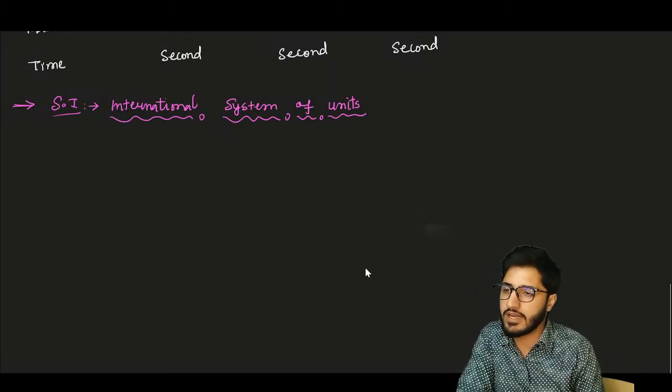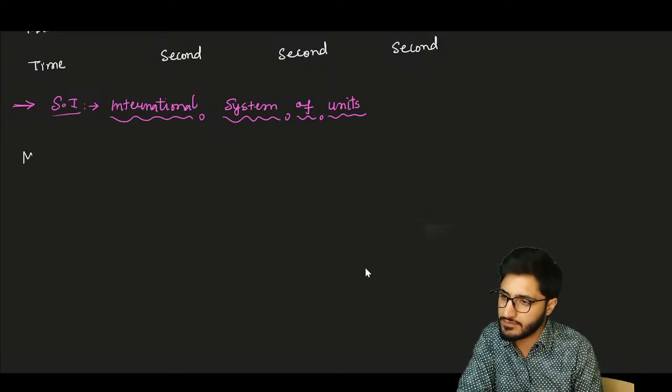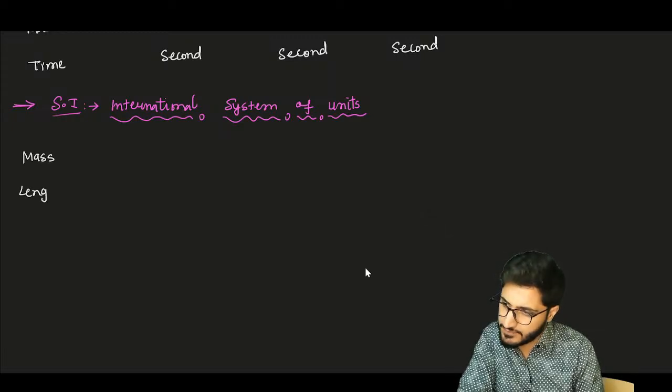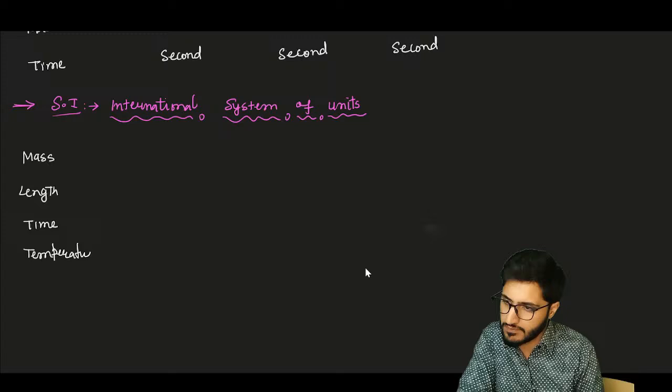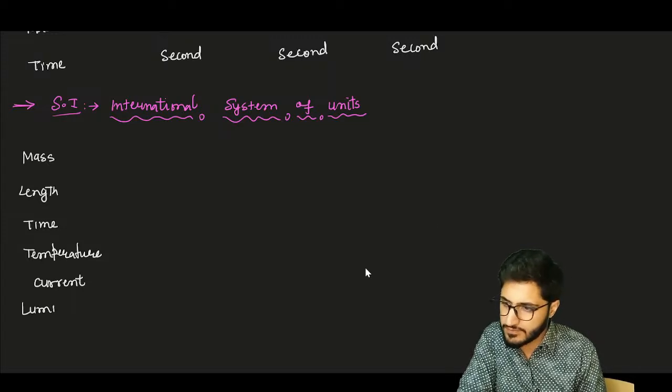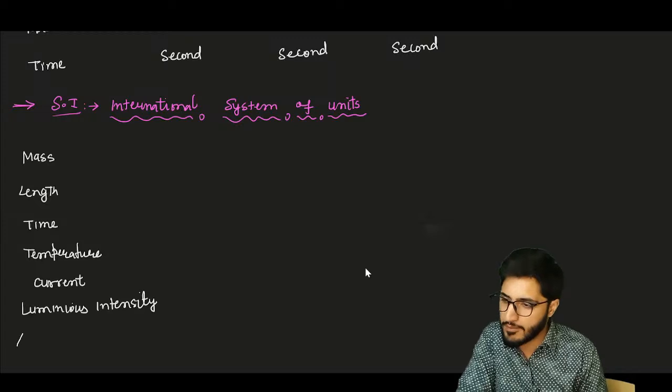Now, what do we have in the SI system of units? We have mass, length, time, temperature, current, luminous intensity, amount of substance.